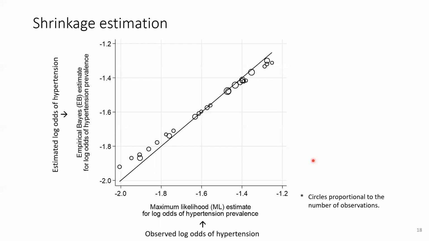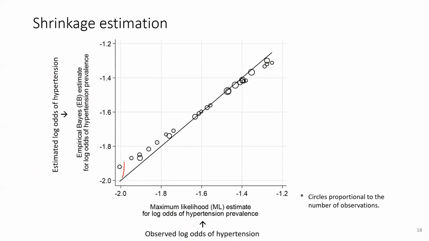And this is another way to look at it. The horizontal axis shows observed log odds of hypertension, and the vertical axis shows estimated log odds of hypertension. So if the estimations are the same, we see the dots along this identity line, but you see that these dots are somehow shrunk towards the mean.